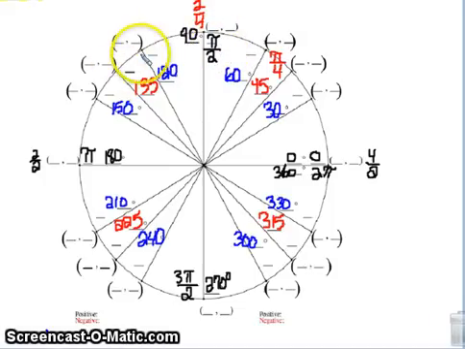What is 135 going to be? 3 pi over 4. 135 degrees is 3 pi over 4. This is 4/4. Go again, this is going to be 5 pi over 4.